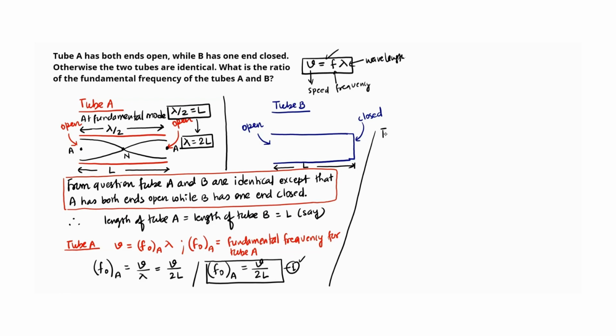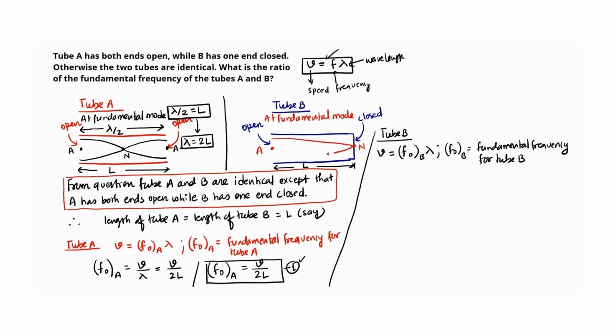Now for tube B, we have V equals F naught B times lambda, and F naught B is the fundamental frequency for tube B. Now at fundamental mode, we have an antinode at the open end, and we have a node at the closed end.